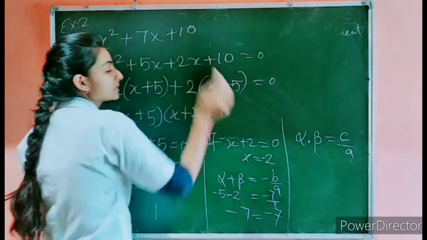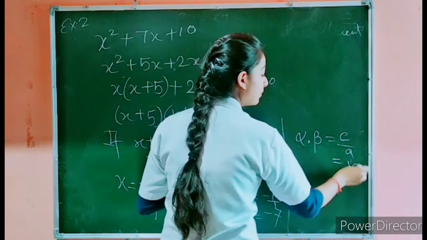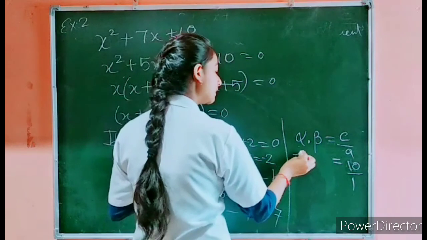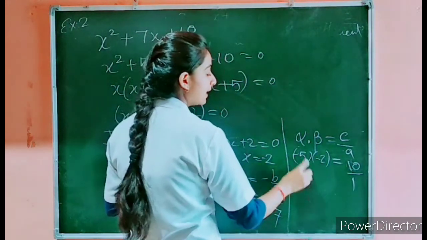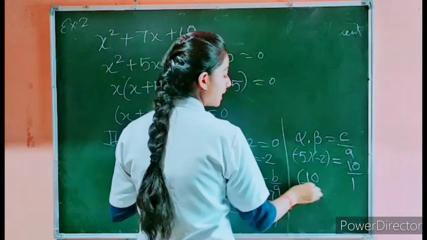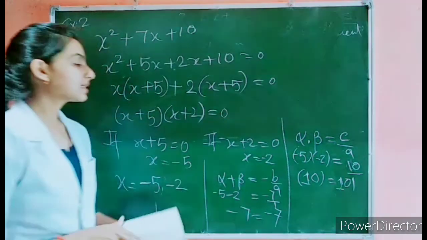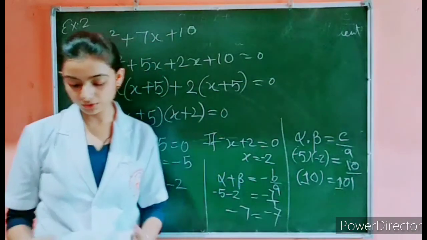The value of c is 10 and a is 1, so 10 upon 1. Alpha is minus 5, beta is minus 2. Minus into minus is plus, and 5 times 2 is 10, so plus 10 which is equal to 10. This is the sum of zeros and this is the product of zeros.